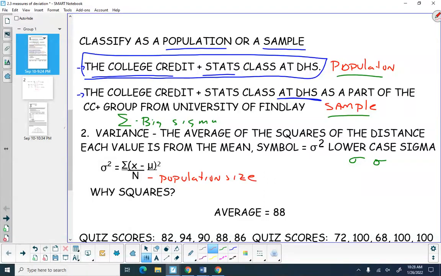This is your population size. This is value minus mean. So you have the sum of your value minus your mean squared, divided by your population size. Why do we square them? To keep values positive.